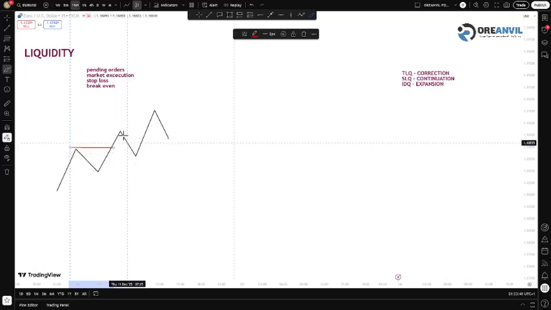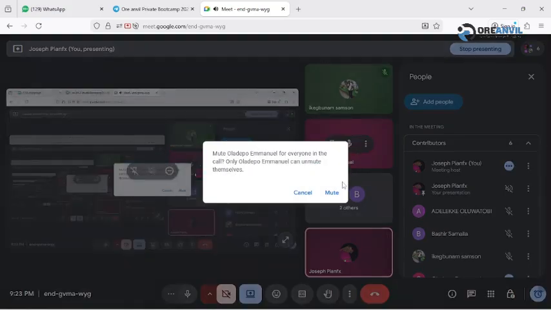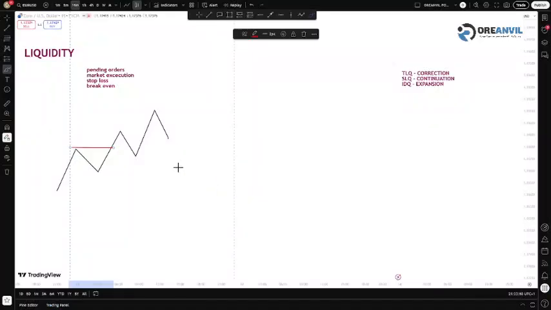The transactional liquidity has to be provided for that correction to be carried out. The same thing happens here. When another transactional liquidity is taken, you are expecting a correction to be carried out in the market.